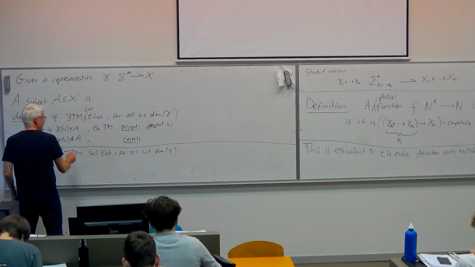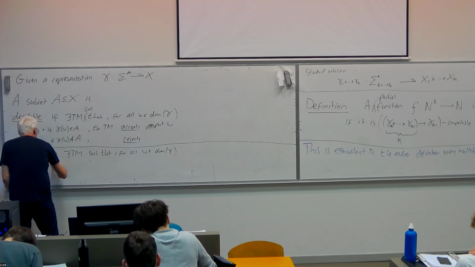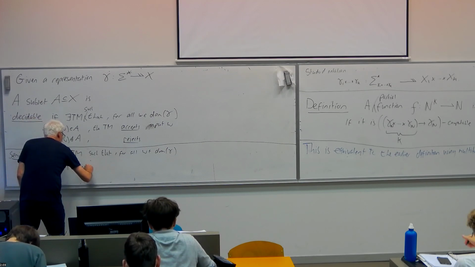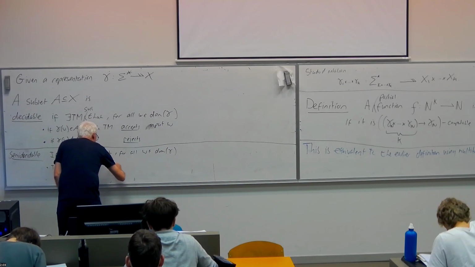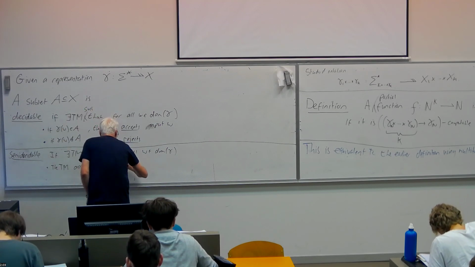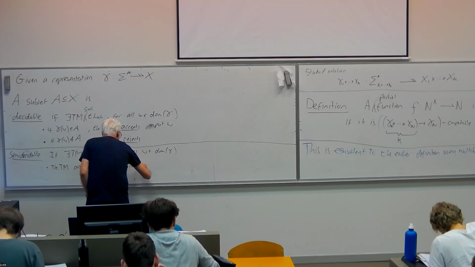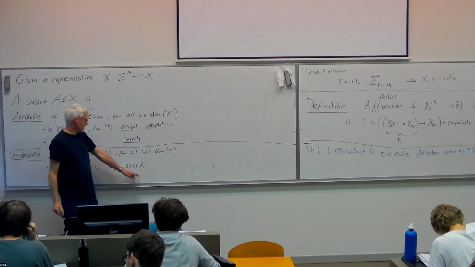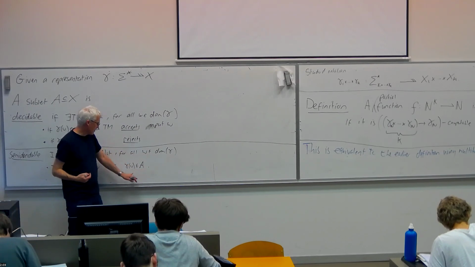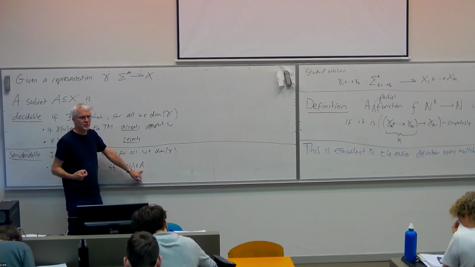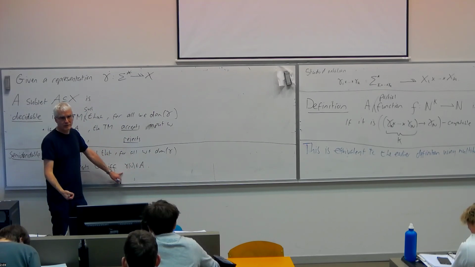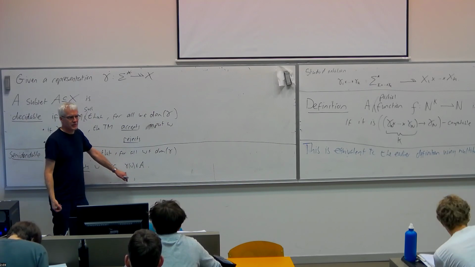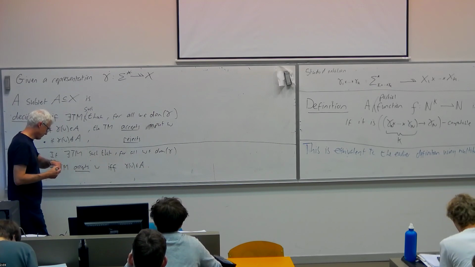So we require that the Turing machine accepts w if and only if gamma of w belongs to the set A. So for words that represent elements of X that are outside the set A, the Turing machine may go into a loop. It may do something arbitrary, it may even reject, but it must not accept a word that's outside A. Okay?